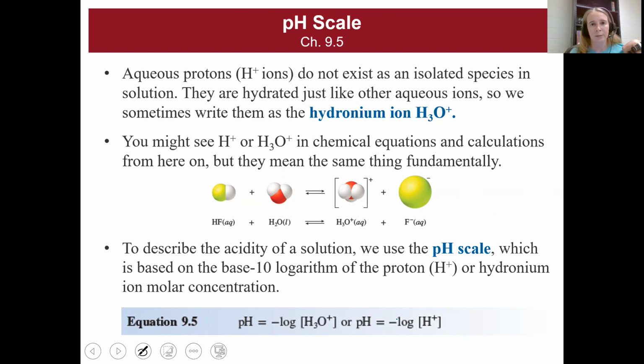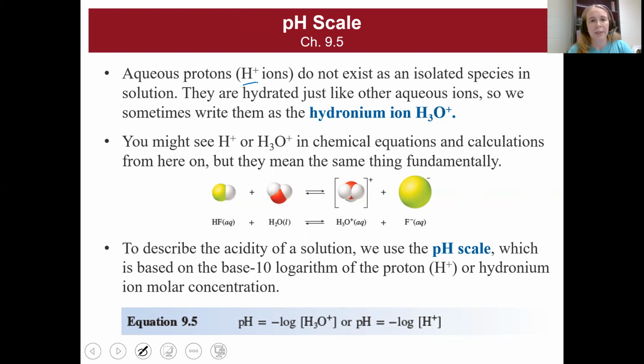Aqueous protons, which we write as H+ ions, that's a proton, because hydrogen without an electron just has one proton and doesn't have any neutrons. Those aqueous protons do not exist as isolated species in solution. They are hydrated just like every other aqueous ion we talked about in section 9.1.